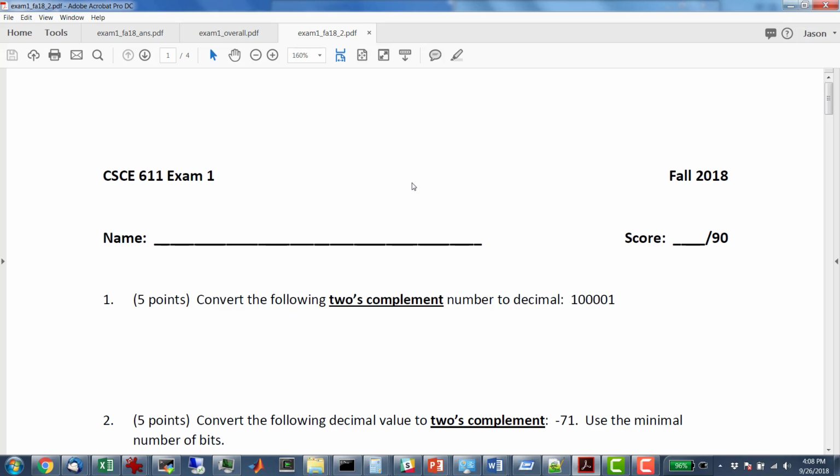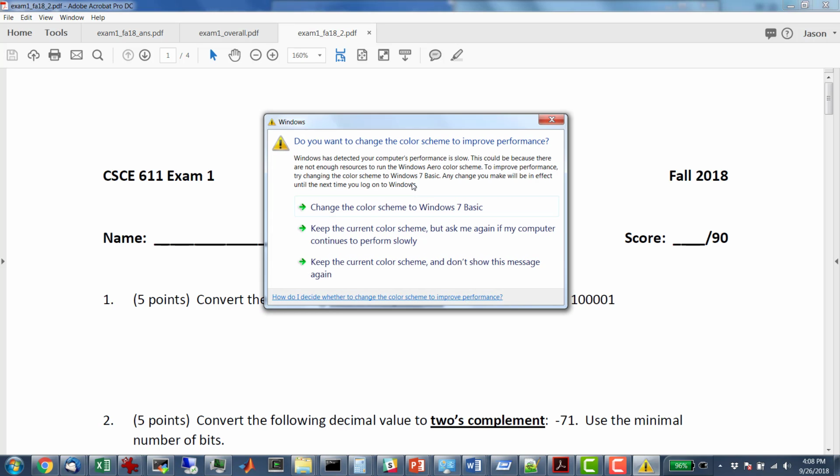If you remember from the slides, there's a couple ways to do this, but the easiest I think is to observe that this is a 6-bit number, right? 1, 2, 3, 4, 5, 6. And in a 6-bit 2's complement number, the most significant bit represents negative 2 to the power of n minus 1, right? In this case, n is 6, n minus 1 is 5, 2 to the 5th is 32.